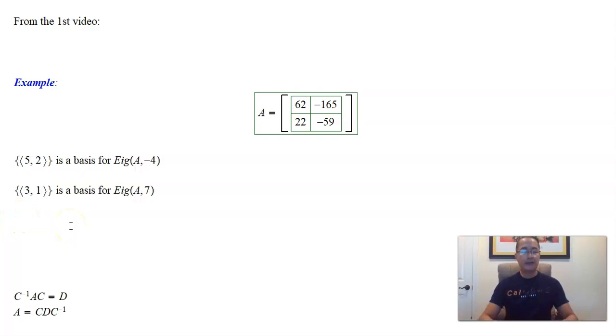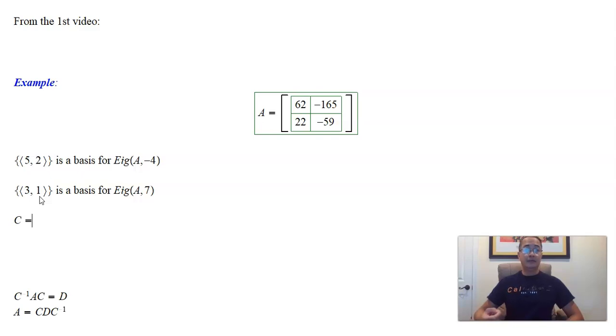The theorem said that we need to have a basis for R2 made of eigenvectors. Well, we have two candidates over here, two vectors from R2. They have to either span R2 or be independent. And again, independence is always the easier property to check. Independence in this case means, are they not parallel?